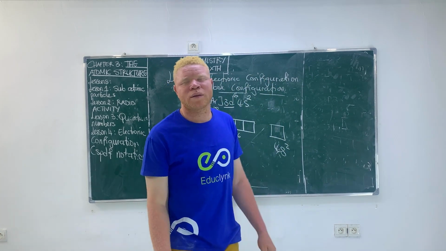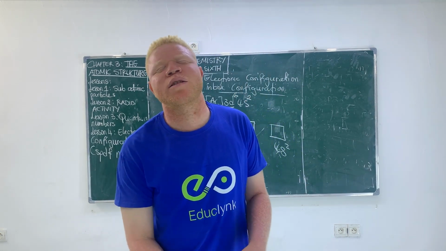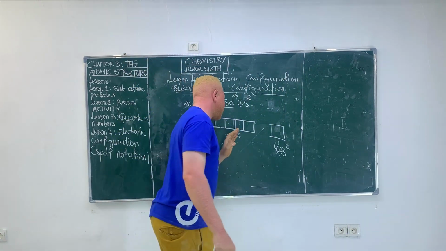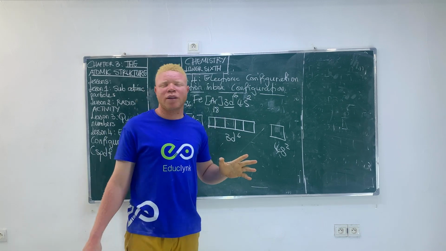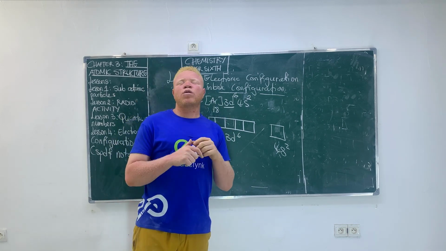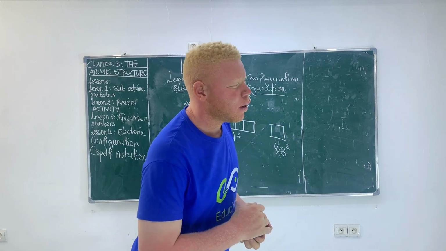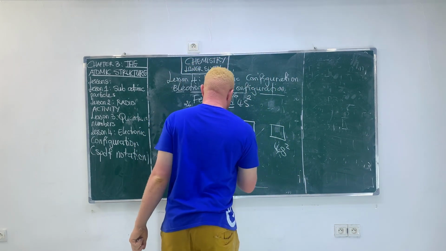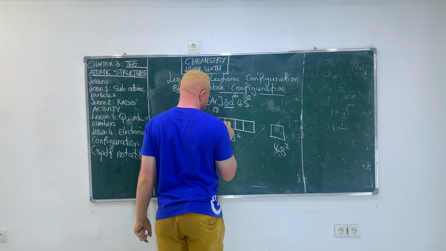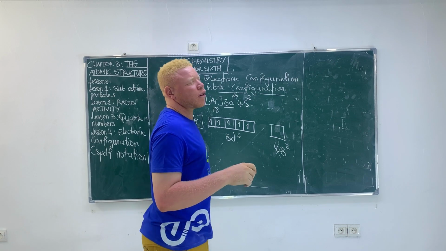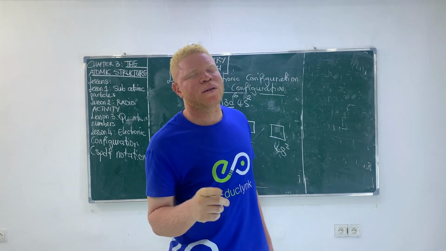Hund's rule says that while filling these quantum cases, you start by filling one by one. That means you give one electron to each quantum case until everybody has one before you start doubling. That's what Hund's rule is saying. So I fill the electrons one by one: 1, 2, 3, 4, 5. Now all the quantum cases have 1 electron, so I start doubling.